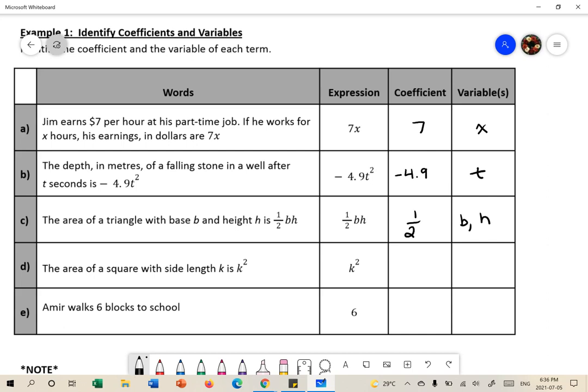Next, the area of a square with side length k is k squared. Every variable has a coefficient in front of it. If it's not written, like this k, there's no coefficient in front of it, we understand that there is an invisible 1 in front of it. So the coefficient here is 1, and the variable is k.